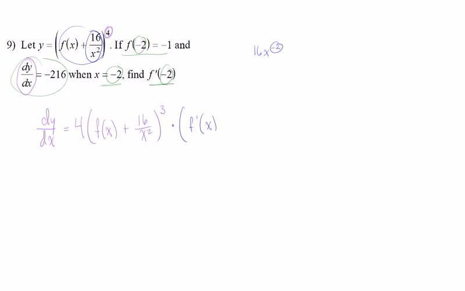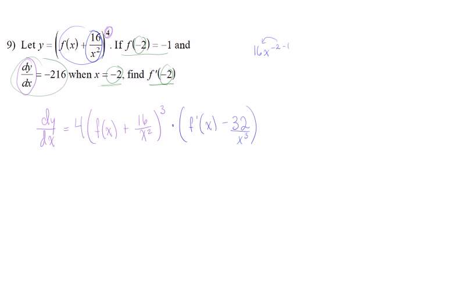And so if I use the power rule there, I'm going to get -2 times 16, which is -32, and then x to the -3rd power, because I'm going to multiply, and then I'm going to take away 1. So it'll be x to the -3rd. But since it's a negative exponent, I'm just going to drop it and keep it down here as x to the +3rd, right?